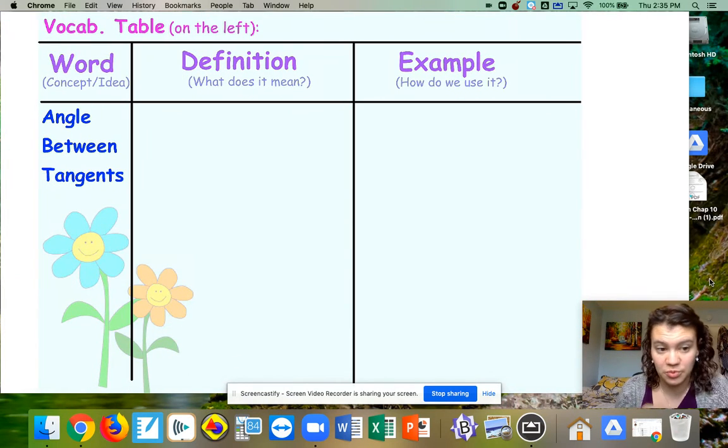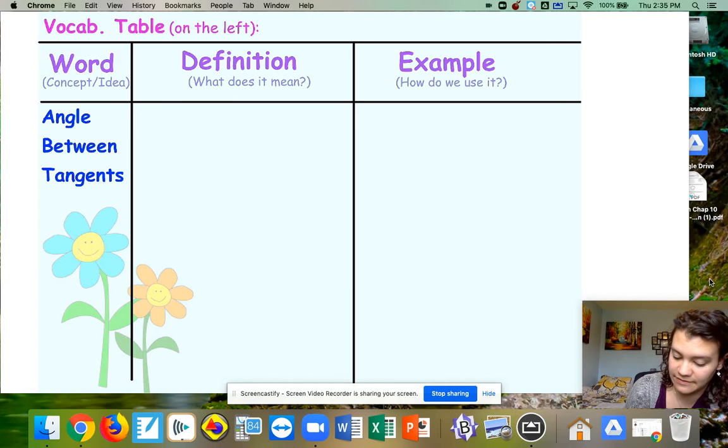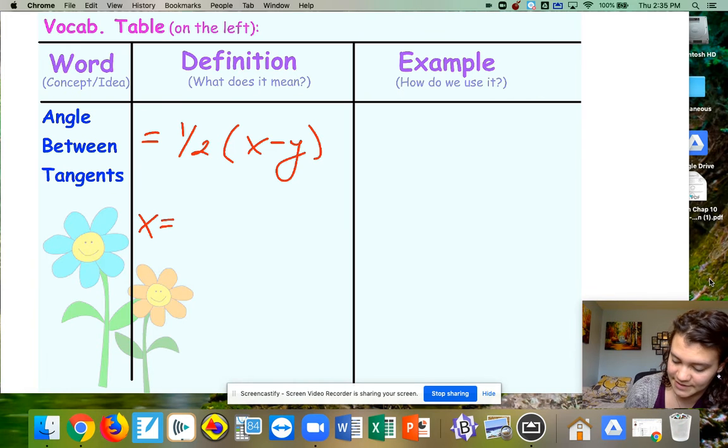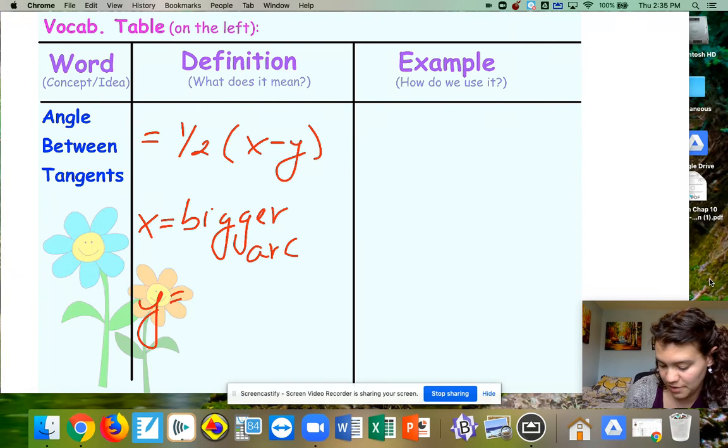Then the angle between tangents is very similar. It's going to be 1/2 (x minus y). And here it's important that x is the bigger arc or the bigger number, and y is your smaller arc.